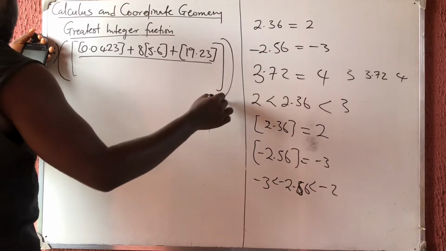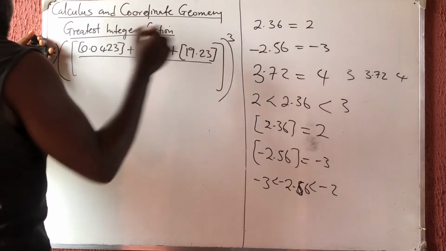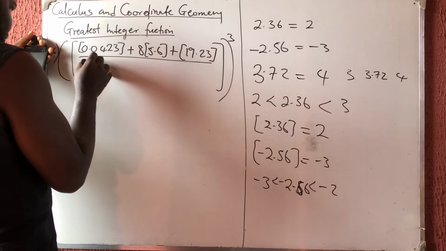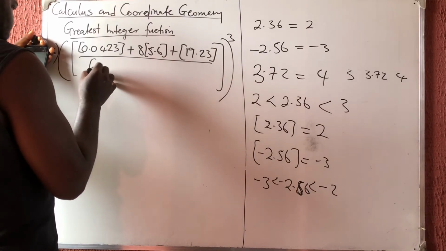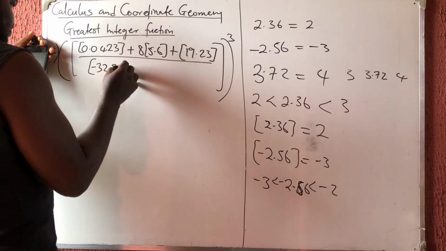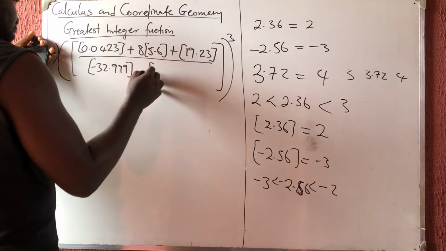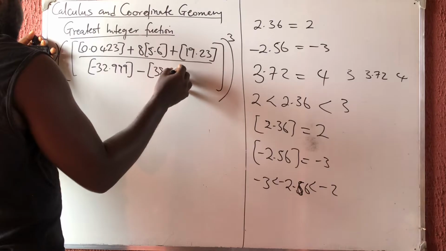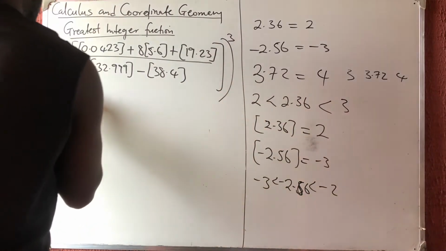Let's close this one, then close this one, make it raised to power 3. Then here I'm having minus 32.999, okay, minus 38.4. Okay, this one is very simple.